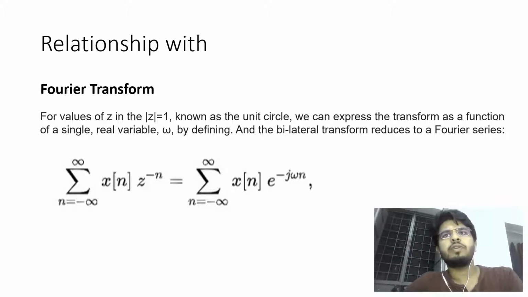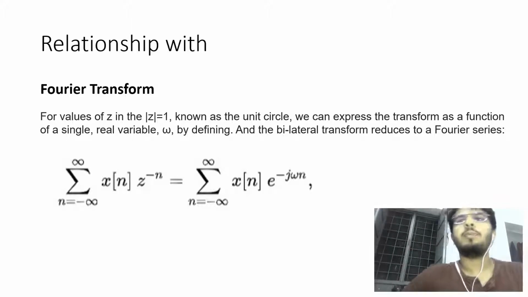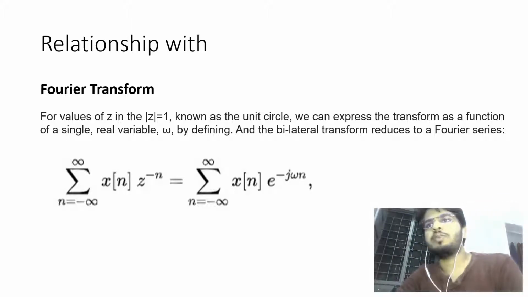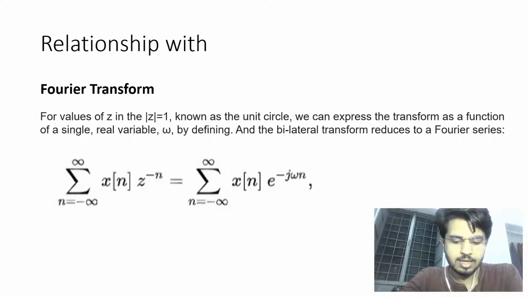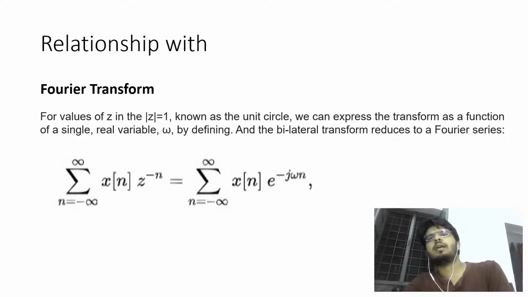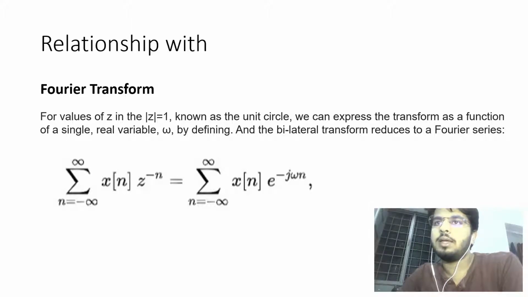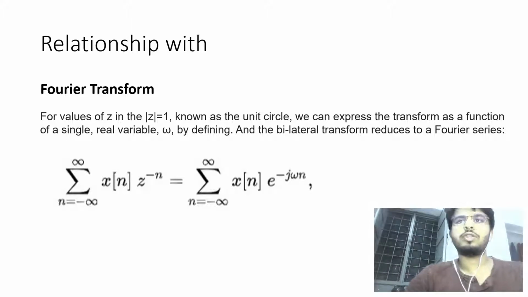The relationship with the Fourier transform is that if we replace Z by r times e raised to power i omega, then if the value of r is 1, that is if the signal is lying on the unit circle, then it converts into the discrete time Fourier transform.